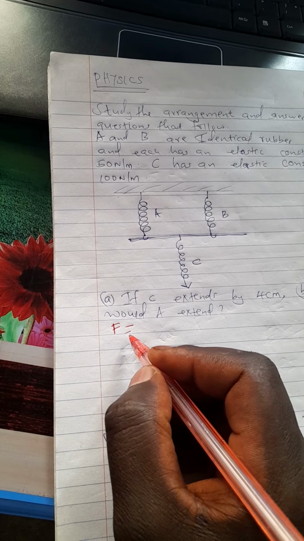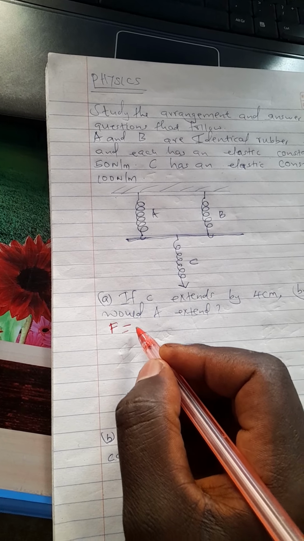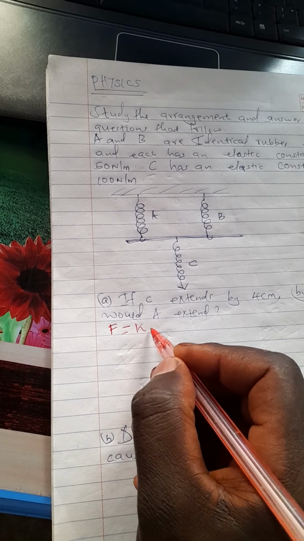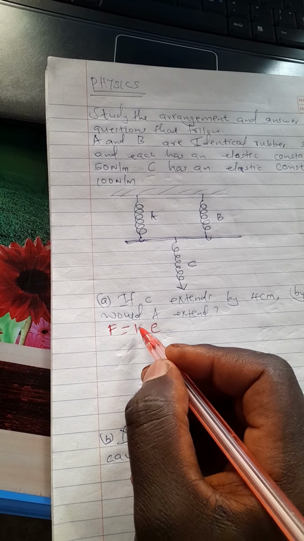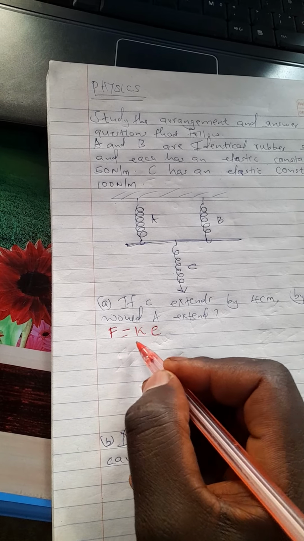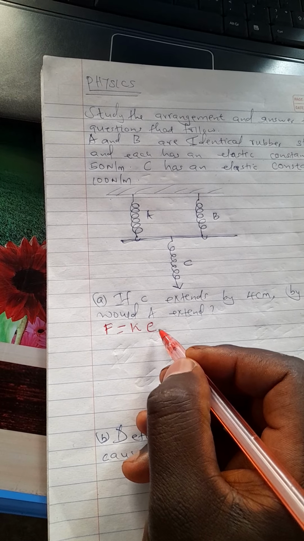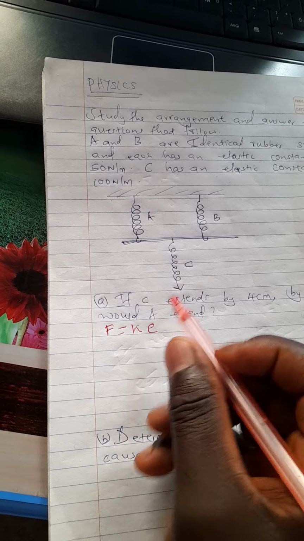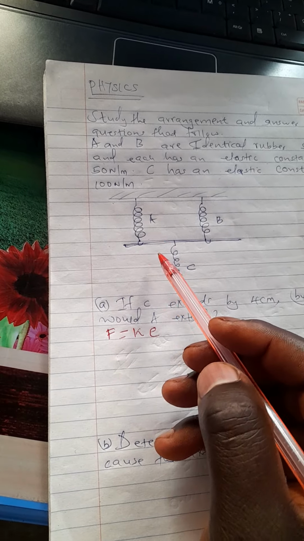To avoid the sign of proportionality, we bring in a constant K multiplied by our extension E. So this K is a constant of proportionality, and this E is the extension caused in the spring. F is the stretching force.